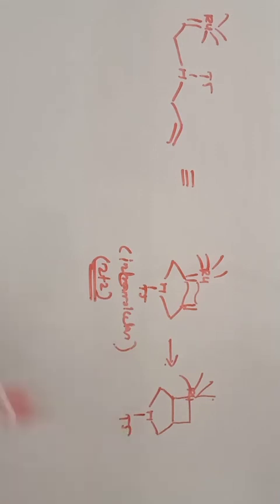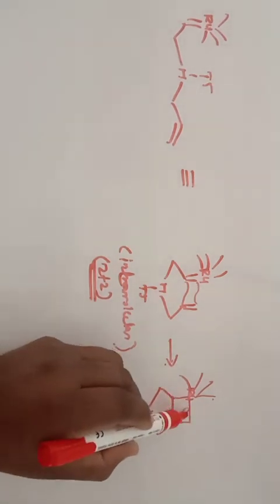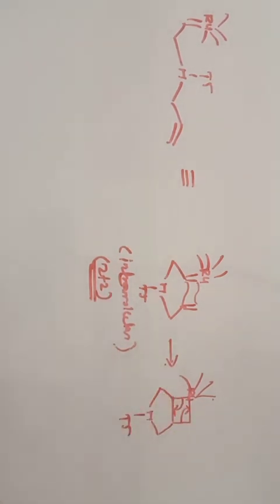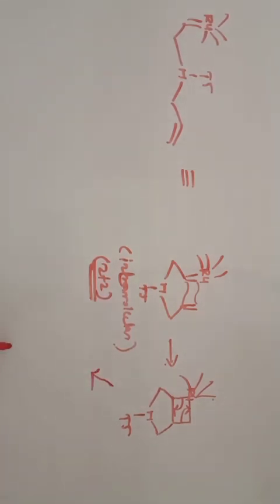NTs is there, and again we know that the new bond is formed between 2 sp2 carbons which were not previously joined. So in this case, this will go here and this will go here, and we get a product in which NTs is there and there is a double bond.